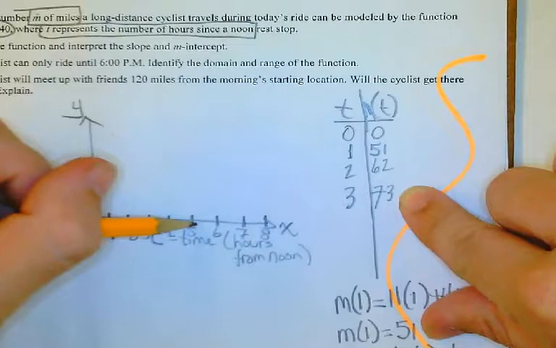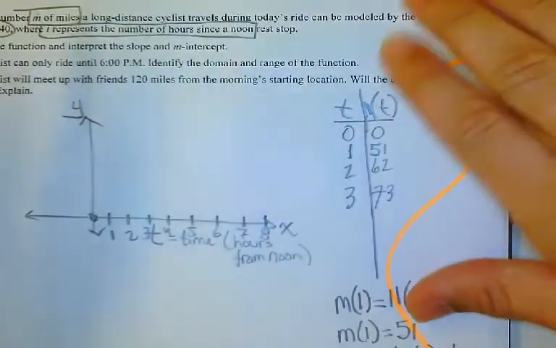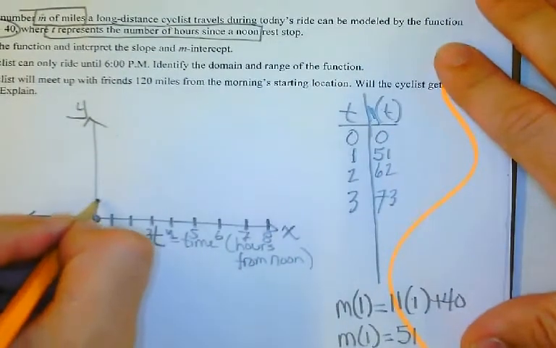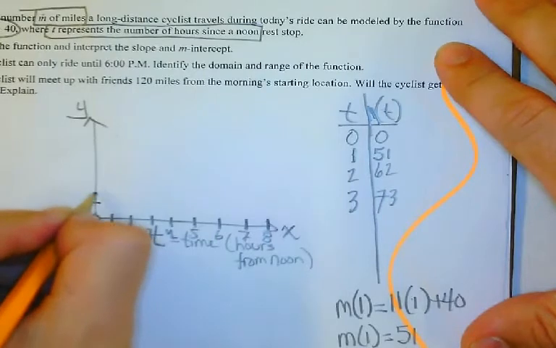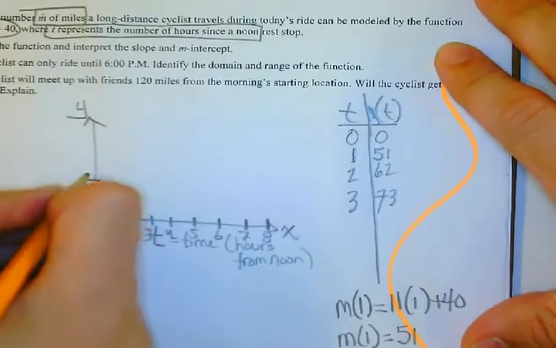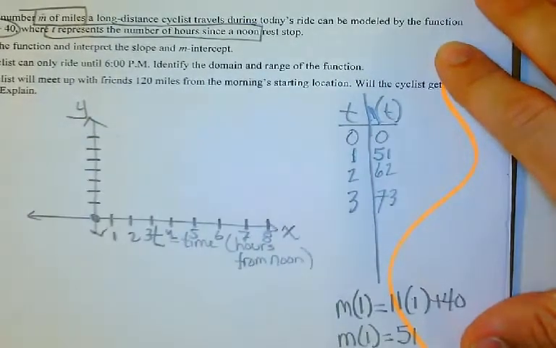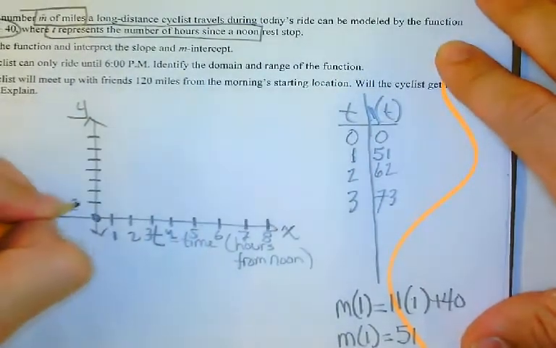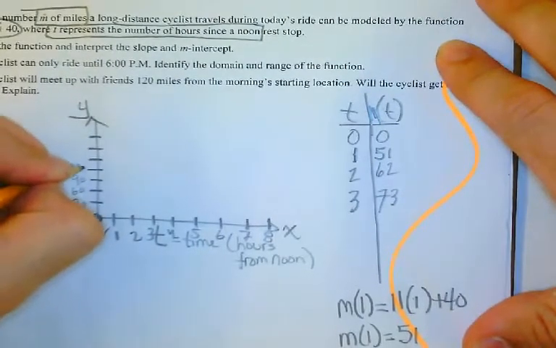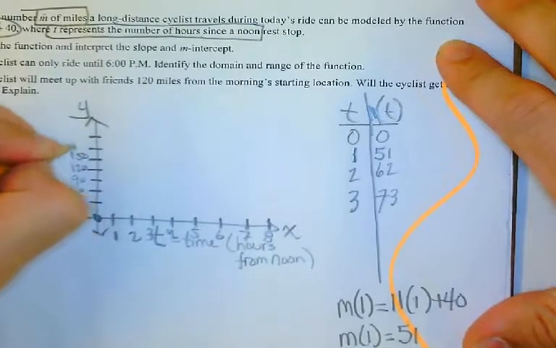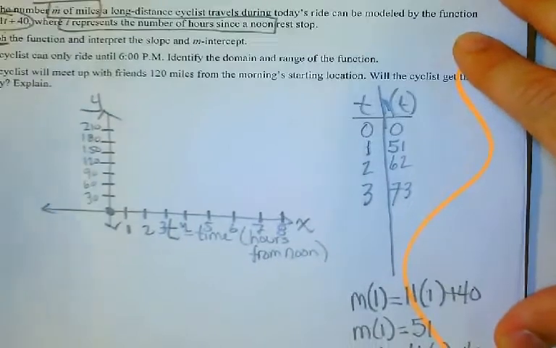So at hour 6, we're going to be more than that. So I should probably count by 30s: 30, 60, 90, 120, 150, 180.